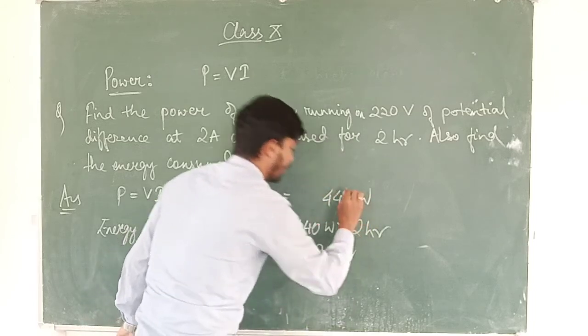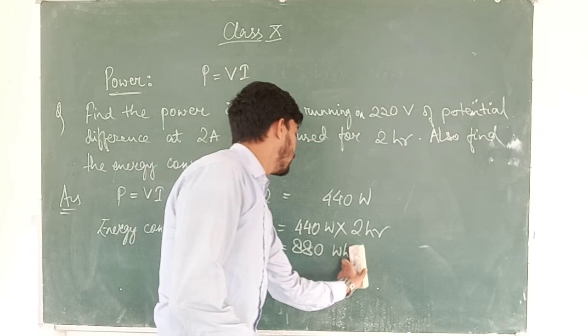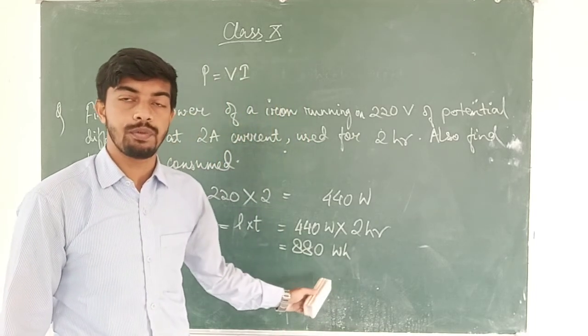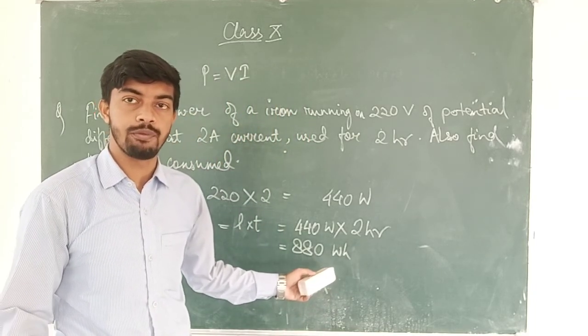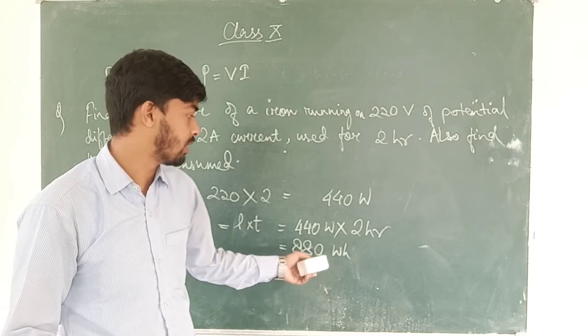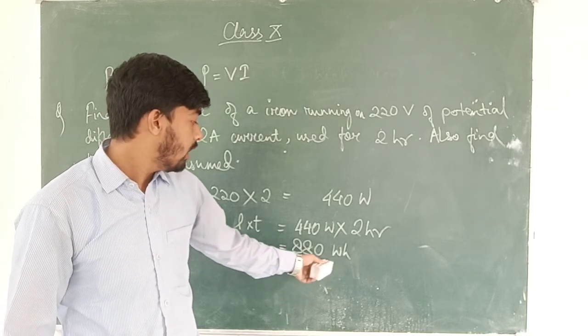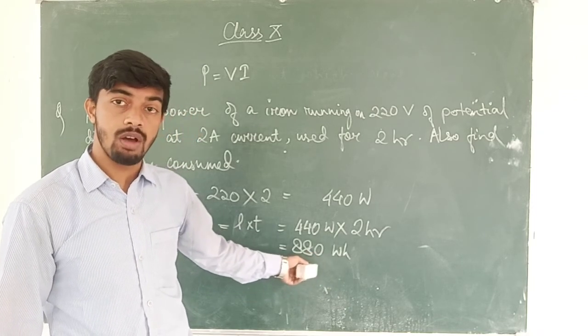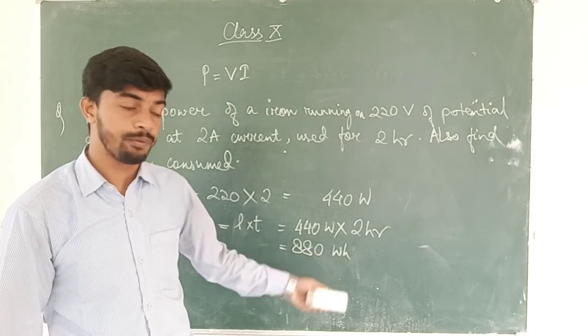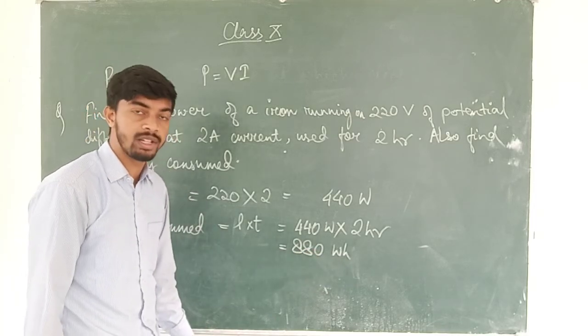This gives us 880 watt hour. Since we are finding this for an electrical appliance for commercial use in a home, it is better to convert it into kilowatt hour.